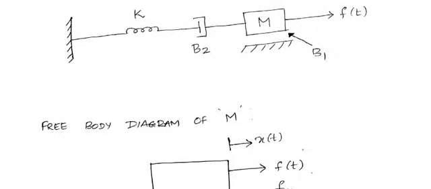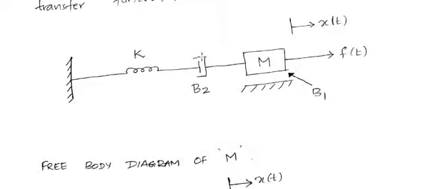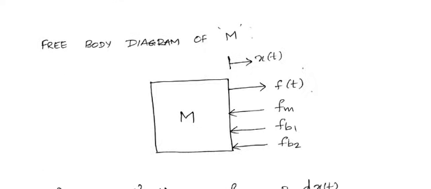So that opposing force is marked as Fb1. Since it's an opposing force, it will point inward. Again, if you look at the given system, dashpot B2 is connected to m. So definitely there will be an opposing force due to this dashpot. We will mark it as Fb2. So these are the opposing forces.